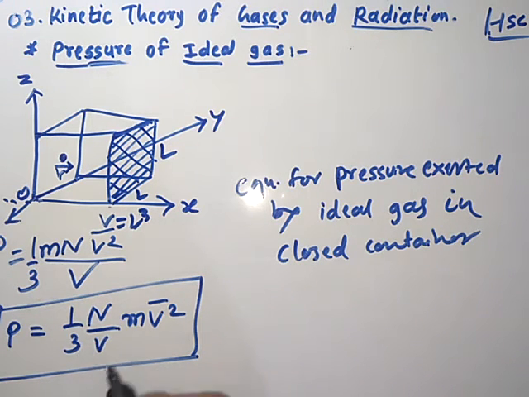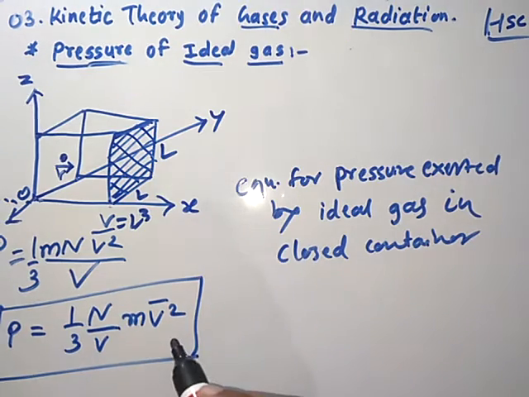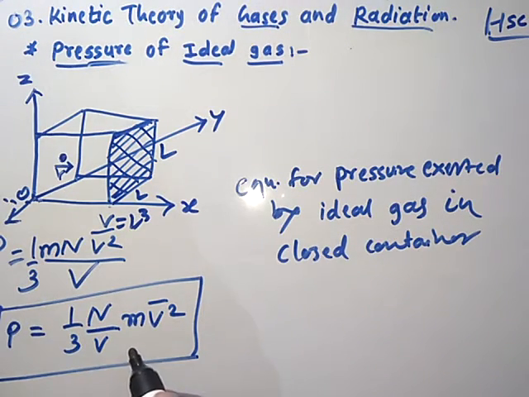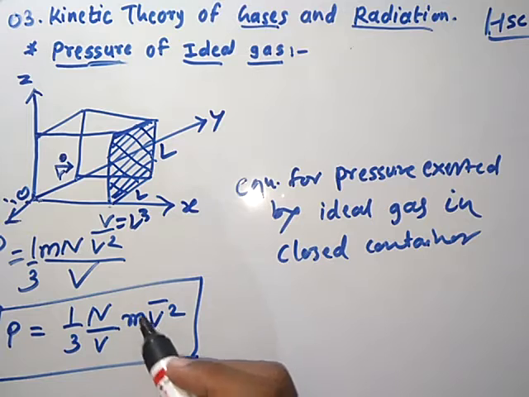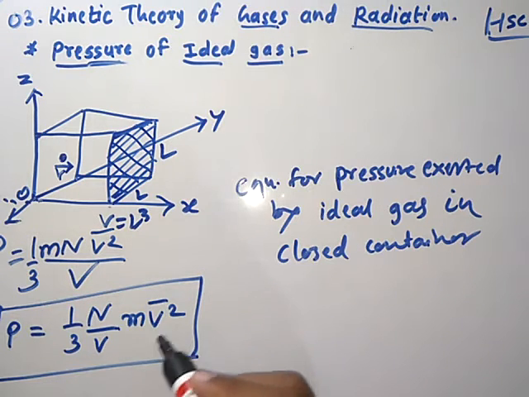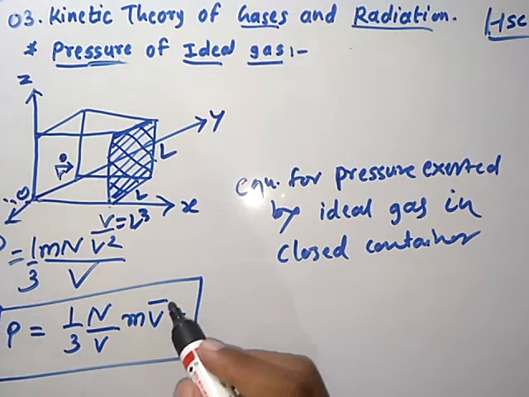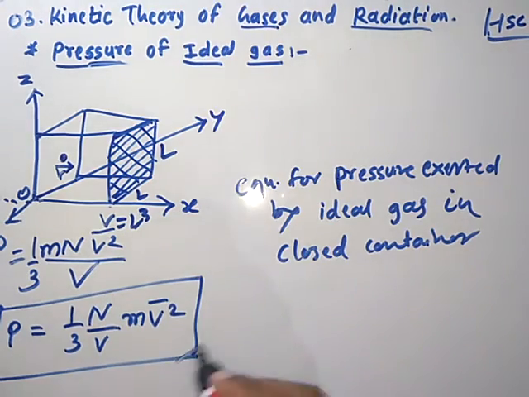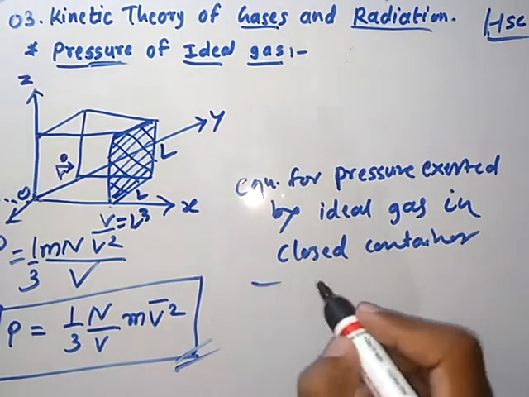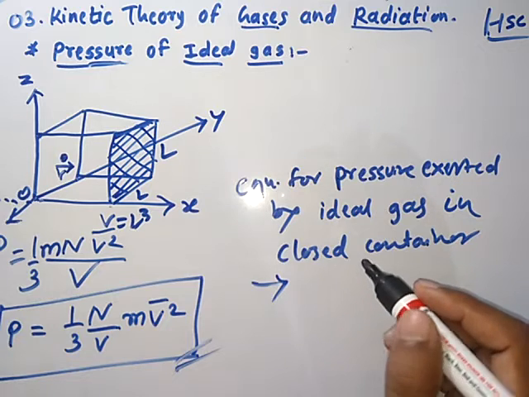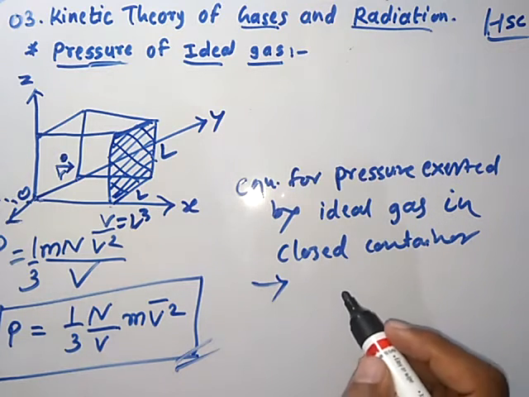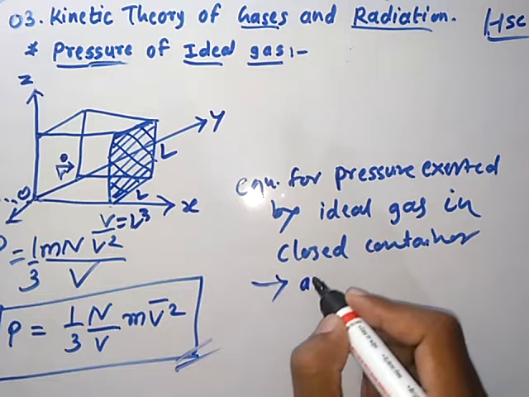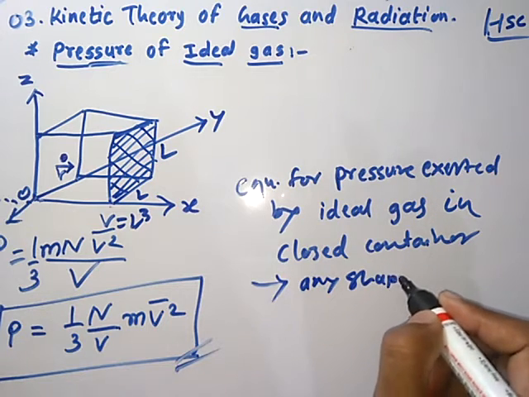Again, it depends on the volume of that cubical box or container. Again, it depends on the mass of particles, and it depends on the square of the total velocity of that particle. This equation is also valid for any shape of container.